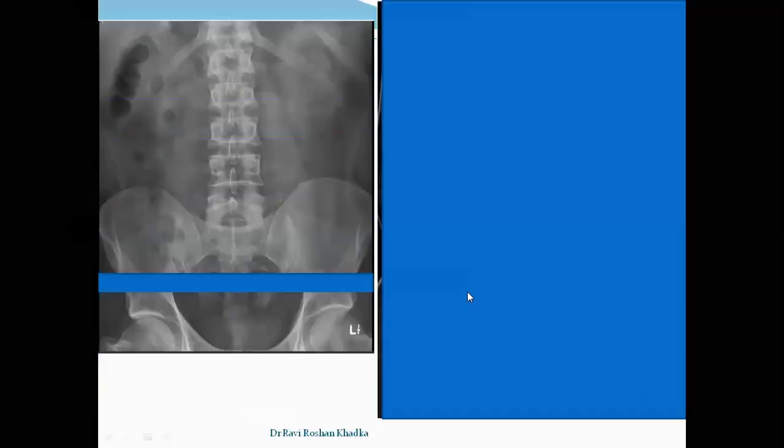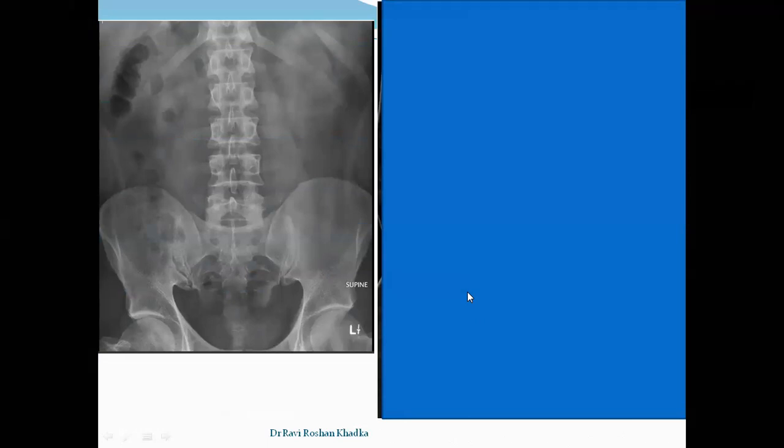See another picture. Suppose a patient, 25 years old male, complains to you that he has a pain in the back area, and the pain is radiating to the left back, along the left flank, and the pain is radiating downwards to the scrotum on the left side. He also says that the pain is associated with hematuria.